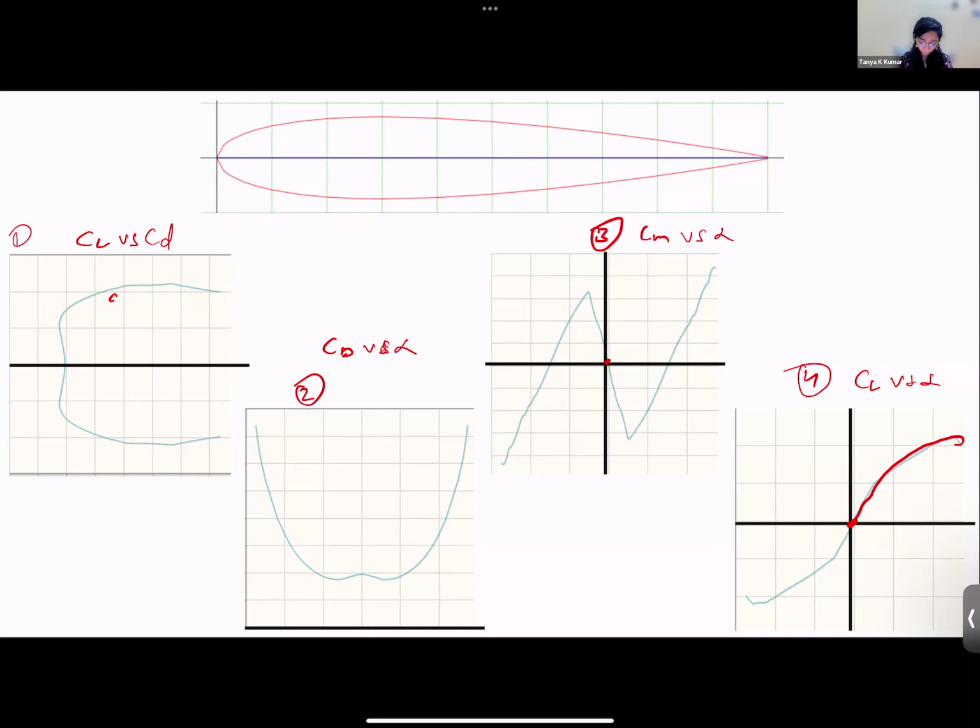Can you try and tell me what these points are? There's this sharp change in the slope in the pitching moment, right? In CM, change in the slope of the CM versus alpha curve. Can you try and tell me why this change is happening? Very pronounced sharp change in the slope. It's a negative slope till then, and then it's a positive slope, on both right and left. Almost symmetric.